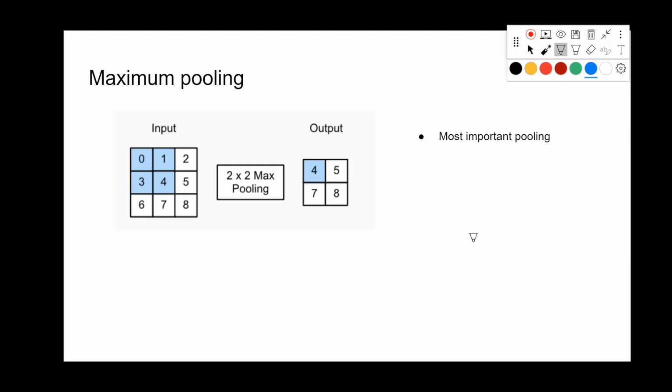For example, in the maximum pooling, we get the 4 pixels here, and then we just pick the biggest number as the value. For example, in this case, it will be 4. And if we look at those 4 pixels, 1, 2, 4, 5, the biggest one is 5, so it will become 5. So we can do the same thing to get the maximum pooling of the input to generate the output.